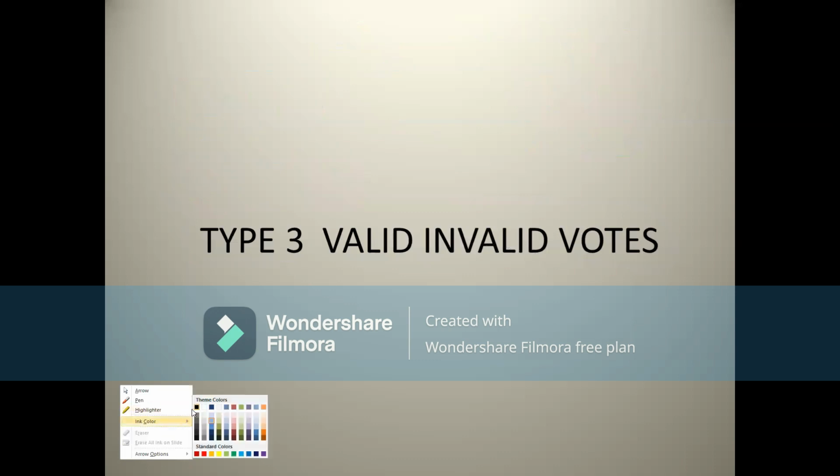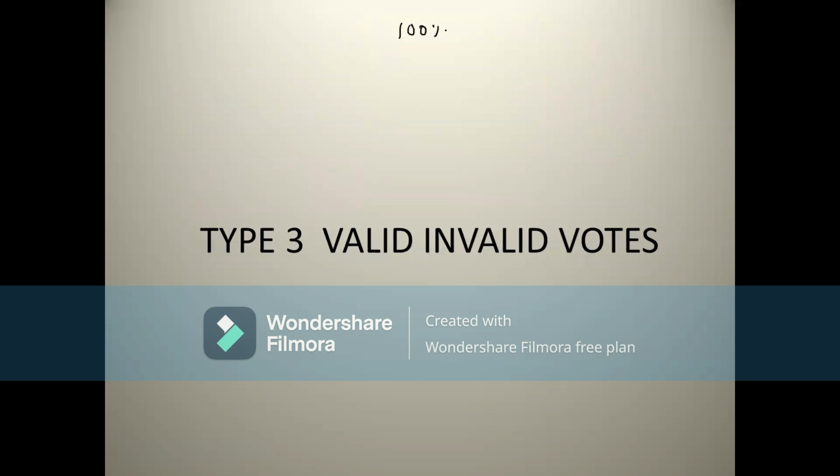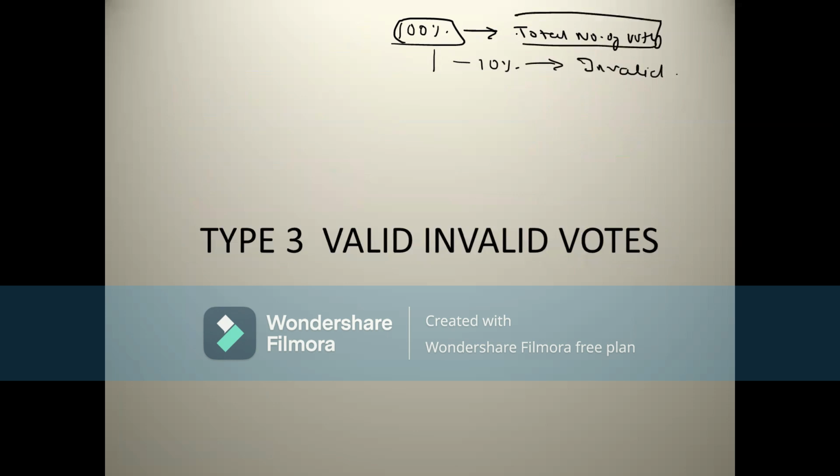Let's say there is an election. The total number of votes will be 100% of votes. From this 100%, let's say 10% of the votes are invalid.